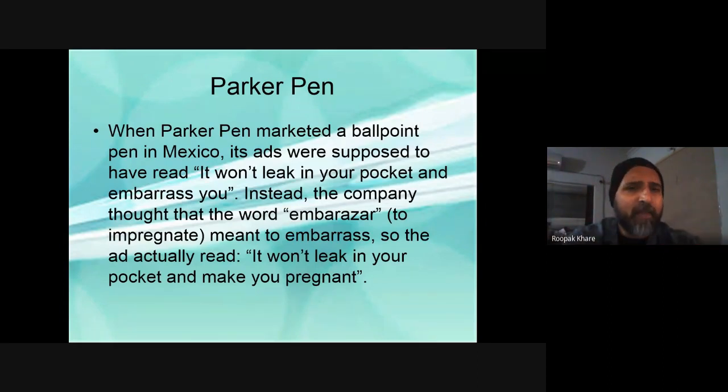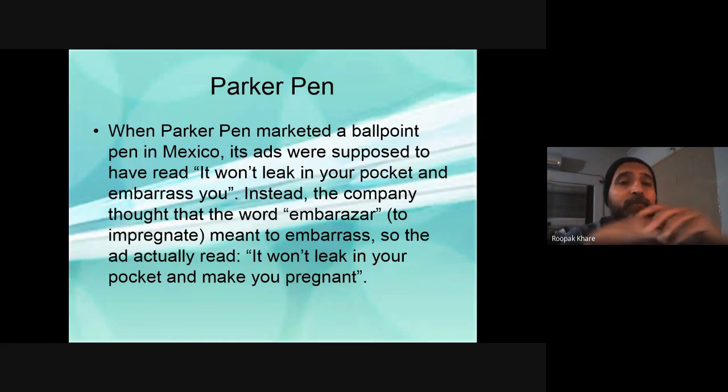Another case, Parker pen. Parker is a very famous brand of pens, and not just for now. They've been there for decades, almost a century, in fact. When Parker pen marketed a ballpoint pen in Mexico, its ads were supposed to read, "It won't leak in your pocket and embarrass you."